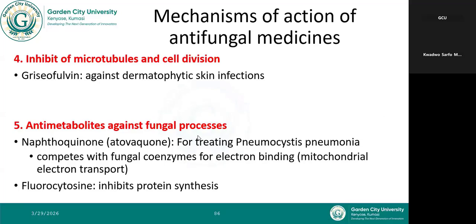Then we have the antimetabolites, also affecting these metabolic activities. So we have the naphthoquinone, atovaquone, for treating Pneumocystis pneumonia, that will target the coenzymes related to energy production within the mitochondrion.